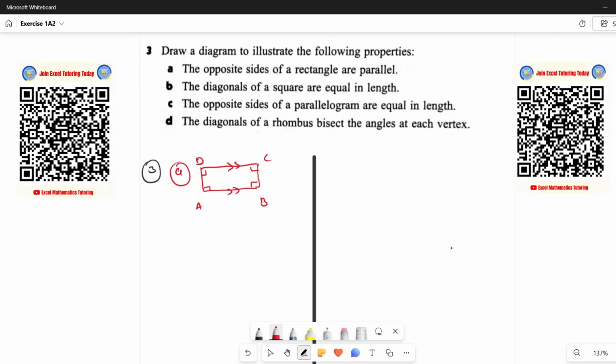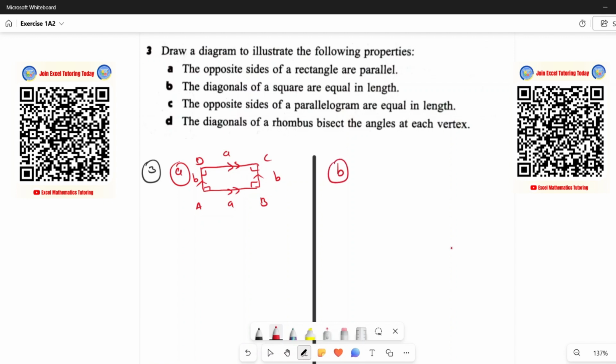These two sides are parallel, and this side and this side are parallel, and opposite sides are of equal length. Which means this is a, this is a, this is b, this is b. So this is the answer for that one.